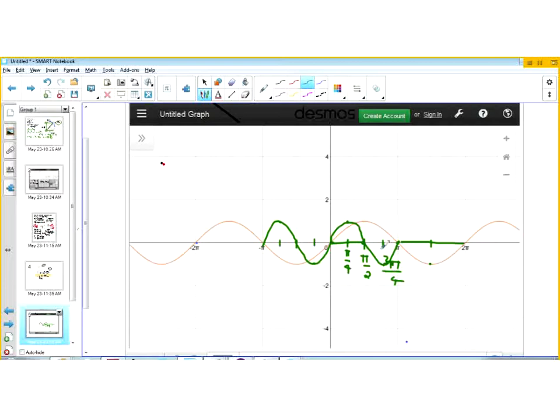So if you have knowledge of the local min, local max, and the x-intercepts, you can take advantage of that to make the determination of where the local mins and local maxes and the x-intercepts of the horizontally shrunk curve would be. So that's sine 2x. Now, the question asks for the negative of sine 2x.